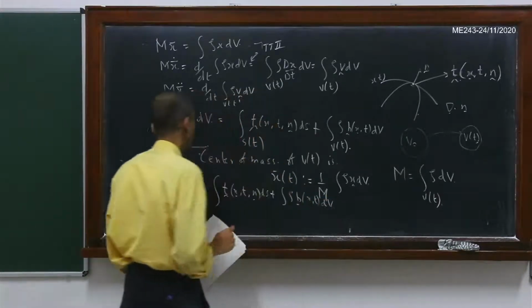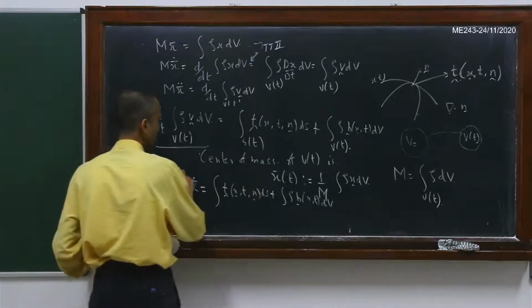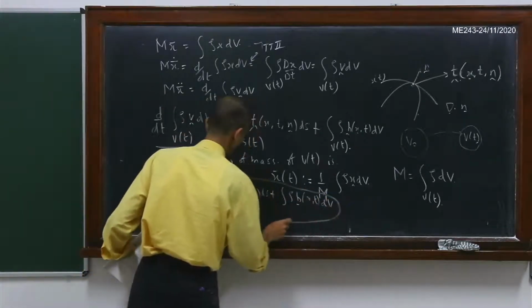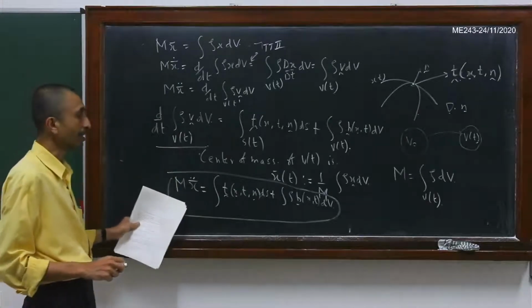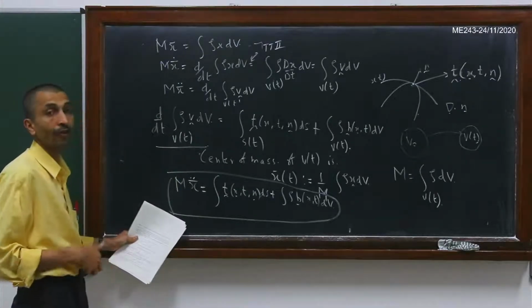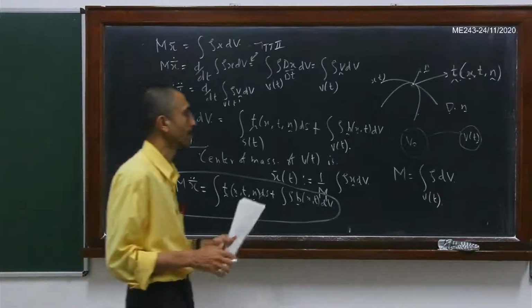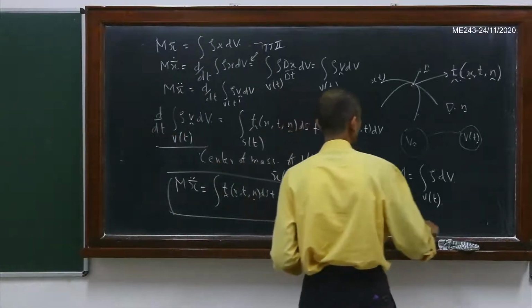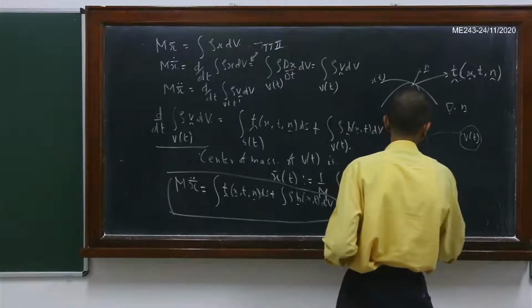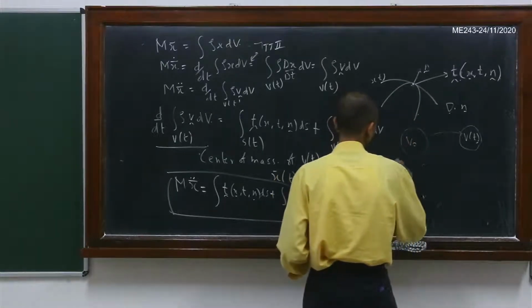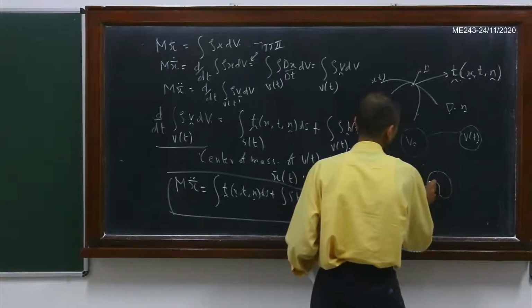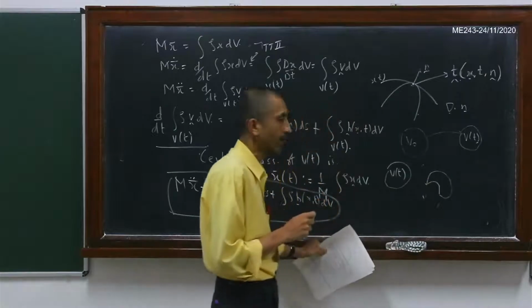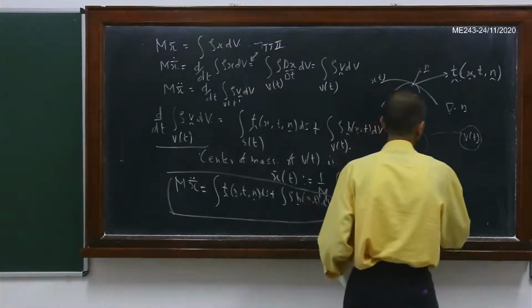So you may have seen this particular relation in the context of rigid body mechanics, but now we are saying that this statement is true even for deformable body mechanics also. Suppose your material volume is deforming like this. Suppose this is your v of t, and then it becomes some very weird shape, and now this is your v of t.